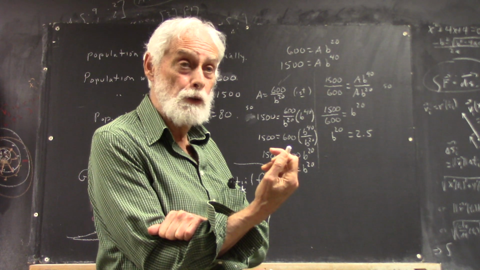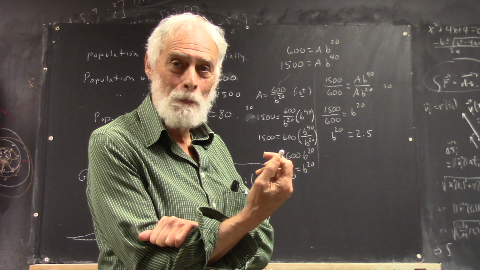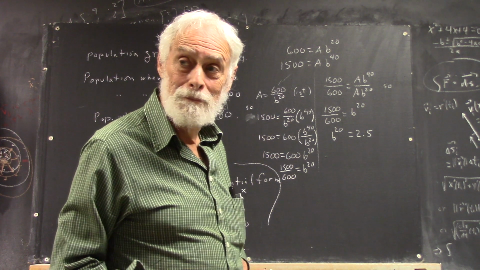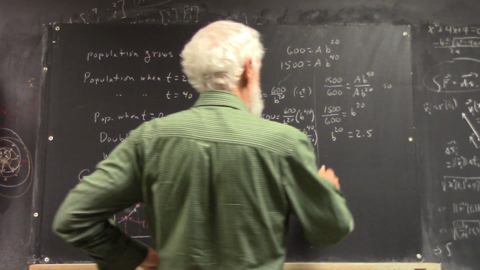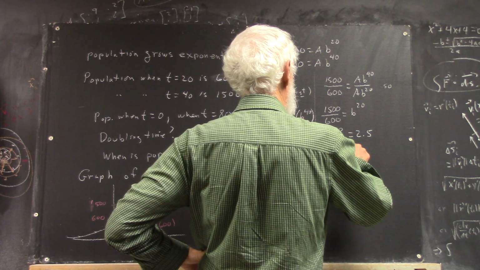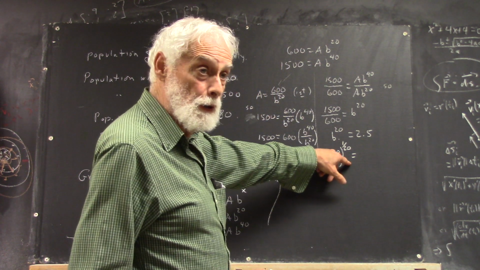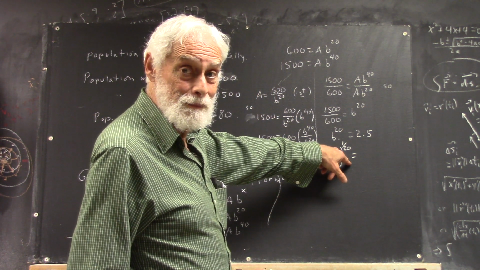Except just not write down the 20. We know that doesn't work. Well, now we've done this, and you kind of need to lock it in at this point. b to the 20th to the 1/20th is b to the 1.